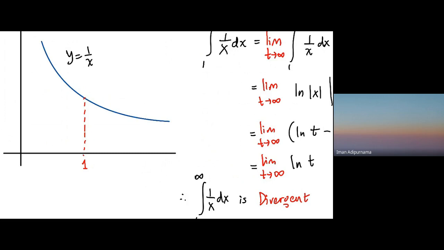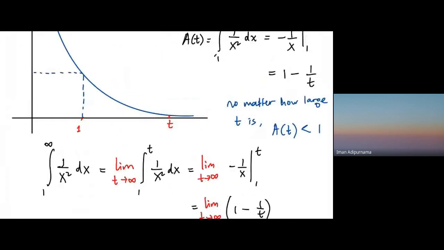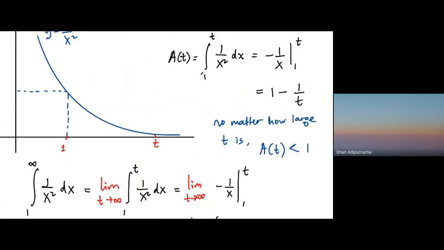If you look at the very right on your graph, it's not really that close to the x-axis. If you compare with 1 over x squared, this has quite a close gap when you try to maximize your x value.